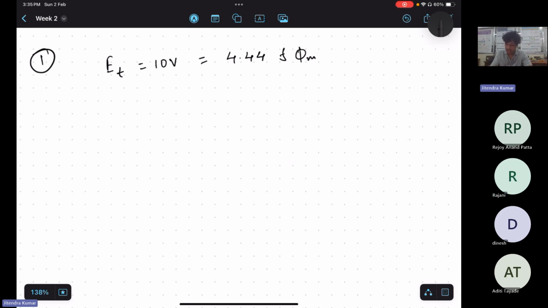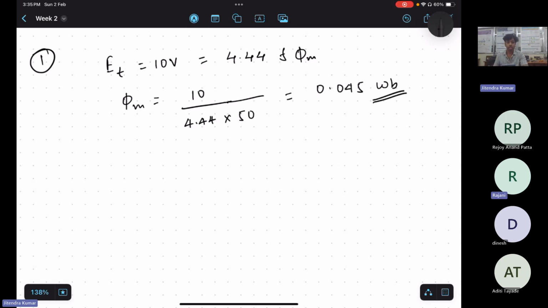Frequency is given as 50 hertz, so we can calculate phi m, which will be 10 divided by 4.44 into 50, which is nothing but 0.045 Weber.